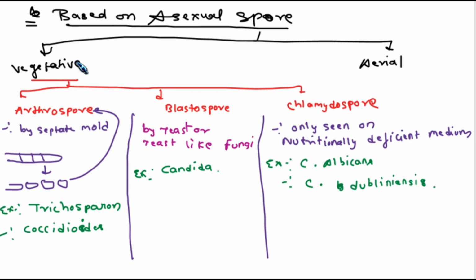Now move toward our next one, that is aerial asexual spore. Vegetative is on the surface of media, and aerial is above the surface. Aerial is further categorized into four types. First one is conidia.